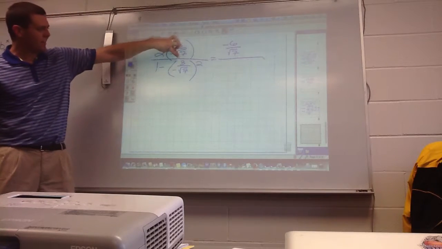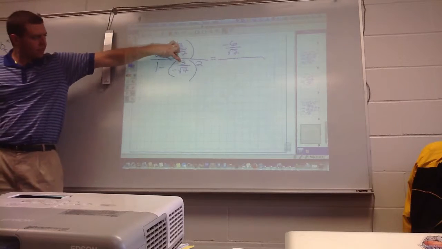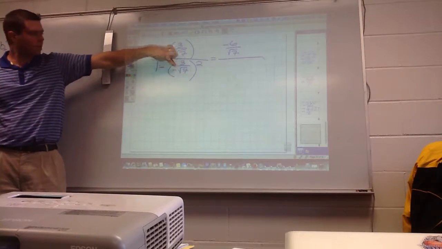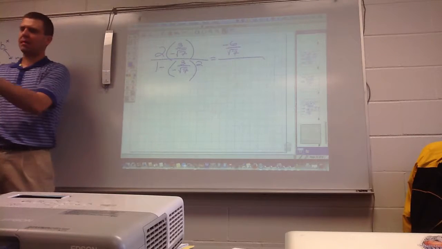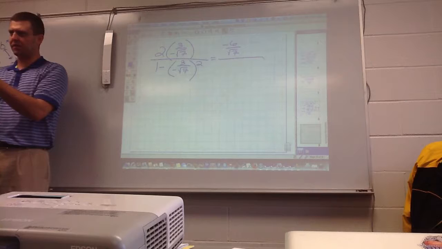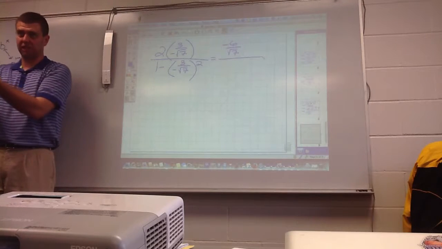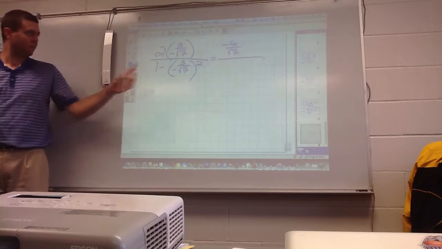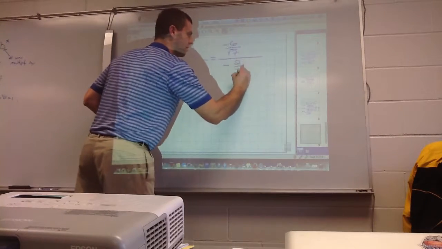When I square this, I get 9/7. Everybody see that? Then 1 minus 9/7, that'd be like 7/7 minus 9/7, because the number 1 is like 7/7. That gives me negative 2/7.